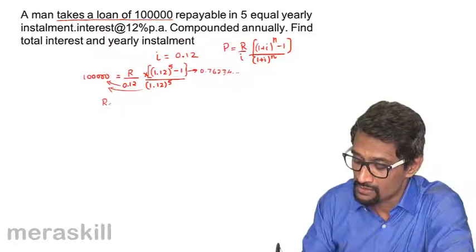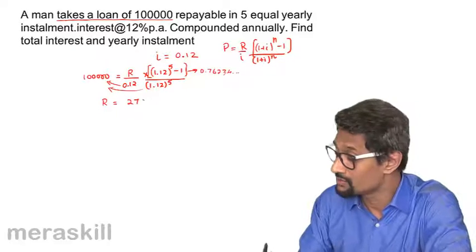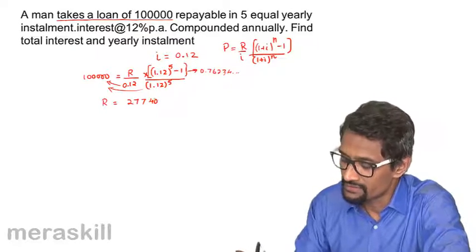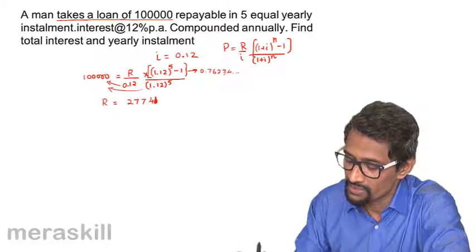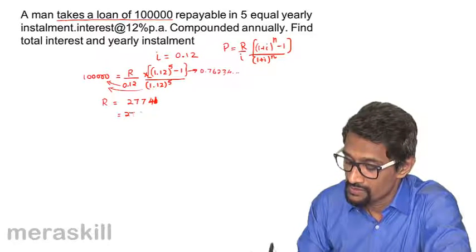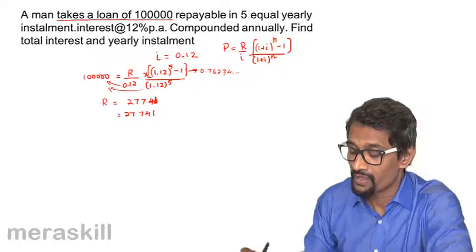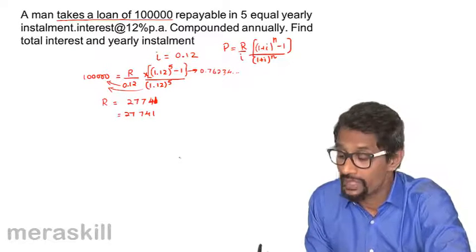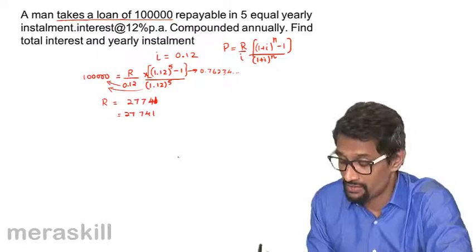So R turns out to be 27,740 rupees 97, so we can take it as 27,741. That is the annuity that he pays at the end of every year.